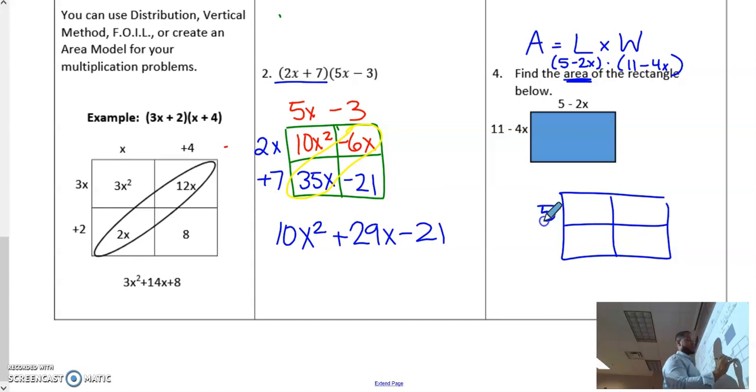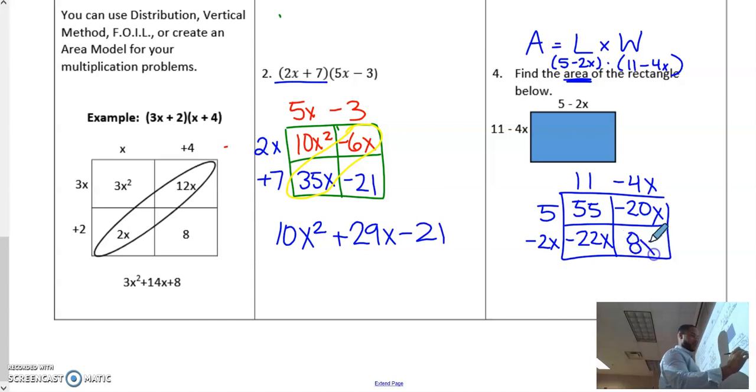So 5 minus 2x, and then 11 minus 4x. We get 55 right here, and then negative 22x, and then negative 4 times 5, negative 20x, and then negative 4x times negative 2x gives us positive 8x squared. Our like terms, guess what?